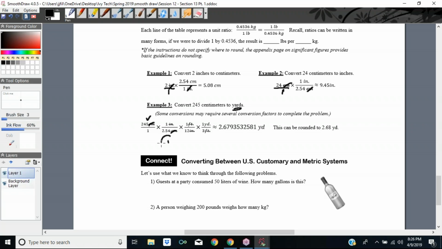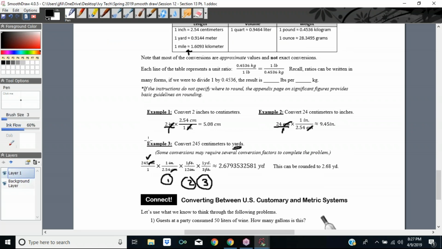So there's the first conversion. Then we're going to convert inches into feet and feet into yards. So the metric conversion into US customary was this first step right there in this case.